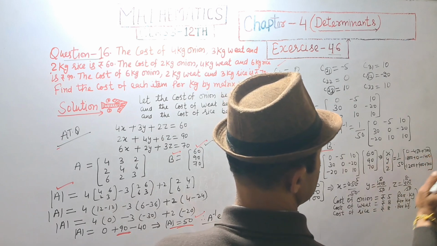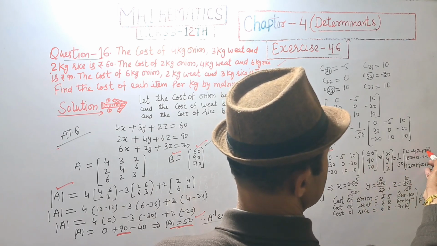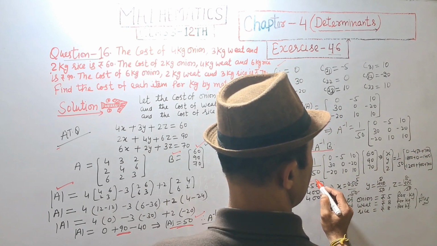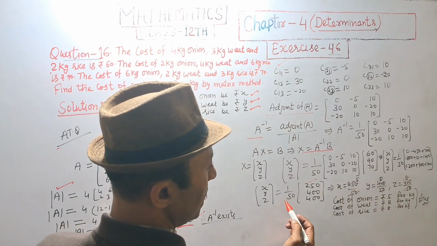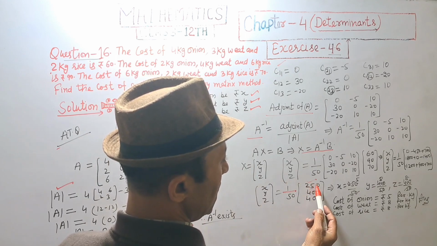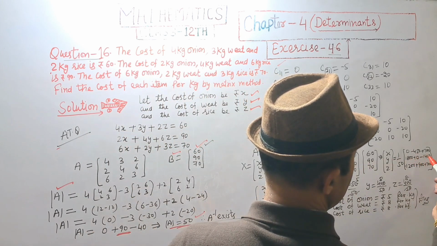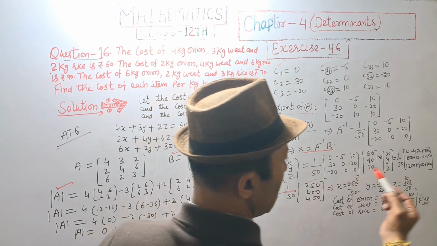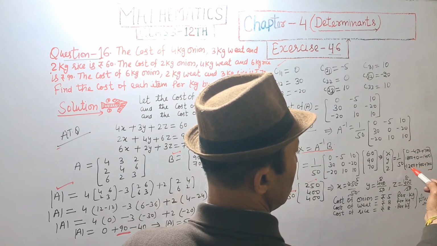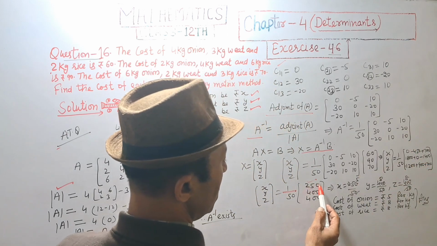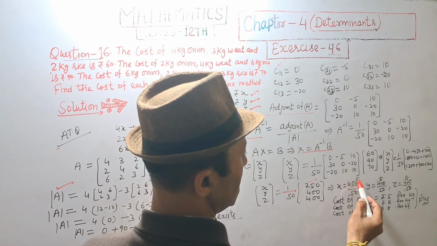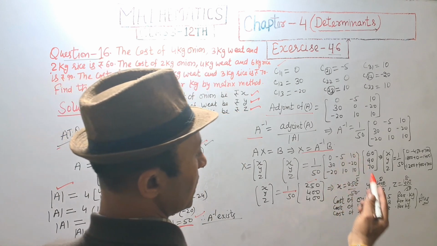10 multiplied by 70 is 700, and 700 minus 450 will be 250, and 1 upon 50, it's determinant of A, and 250, 1800 minus 1400 is 400, and 900 plus 700 we get 1600, minus 1200 will be 400. 250 divided by 50, we get the value of x. 250 divided by 50 is 5, and the value of x is 5.